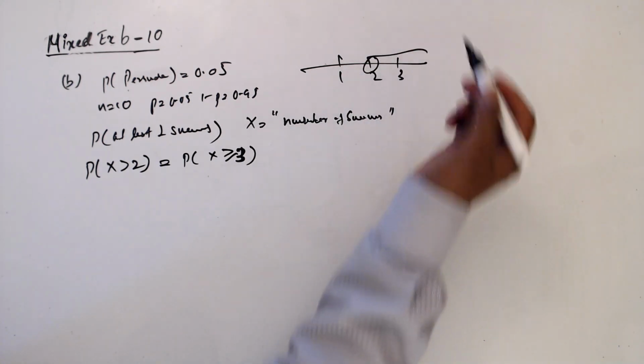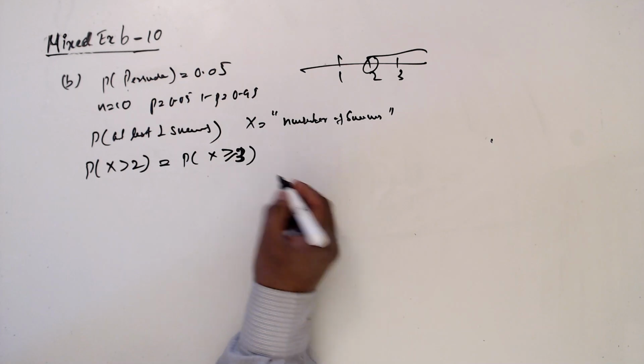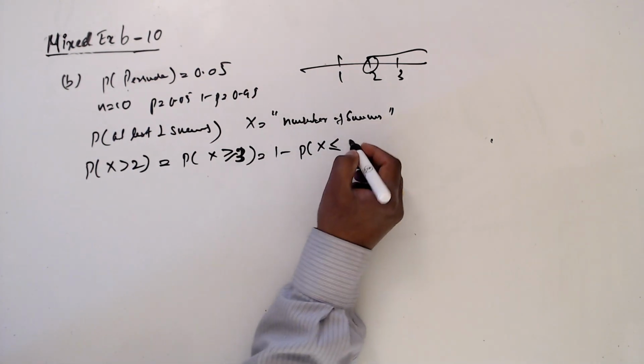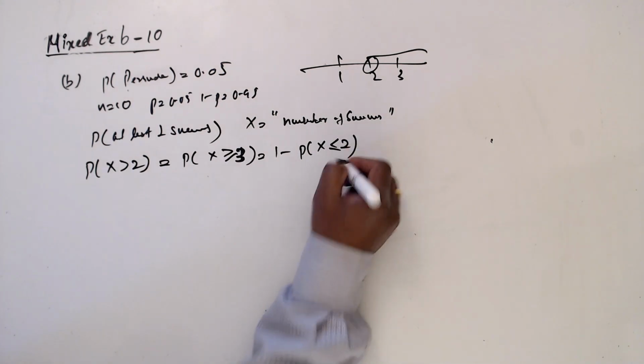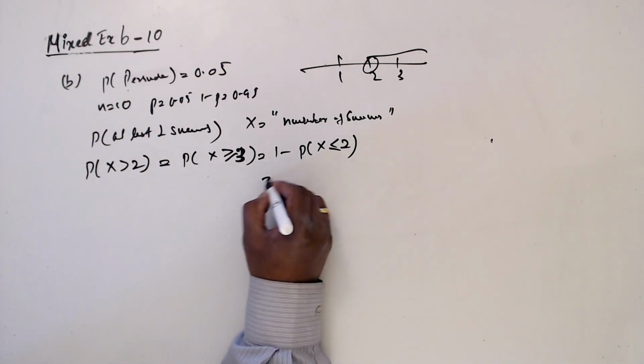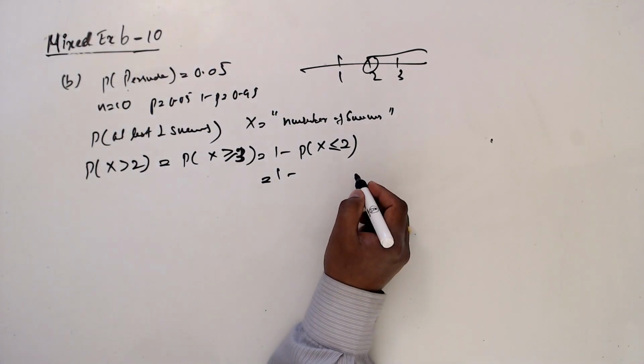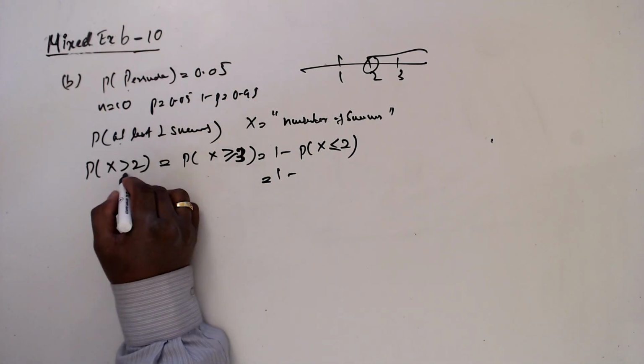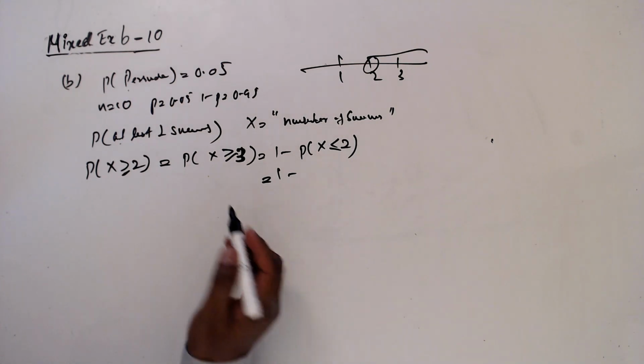So, this is 1 minus probability of x less than or equal to 2. Sorry, I think it is at least 2, so this is going to be equal to 2.